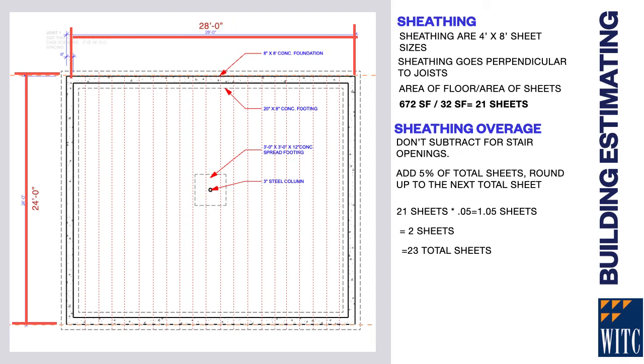And then yes, we do want to add 5% of the total. In this example, we've got 21 sheets. 5% is 1.05 sheets. Even though it's barely over, it's over, so we're going to round that up to the next number, which is 2 sheets. So in this example, we'd have 23 sheets of plywood.